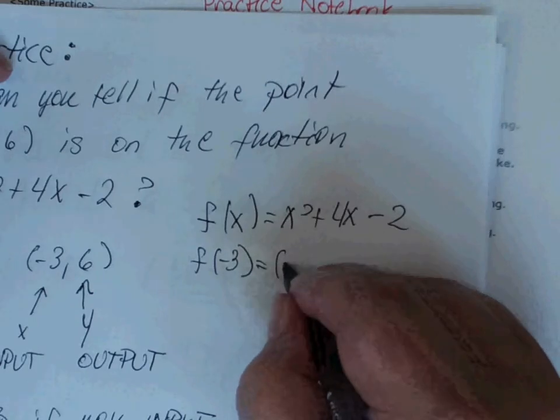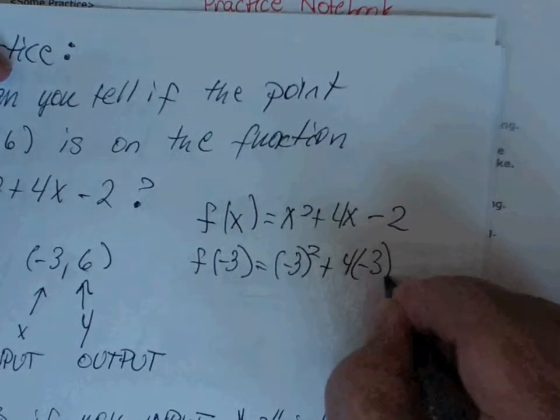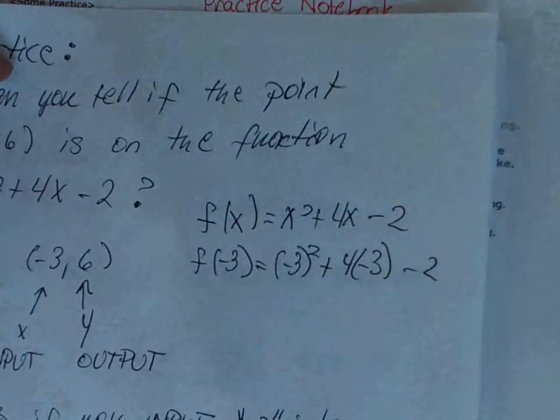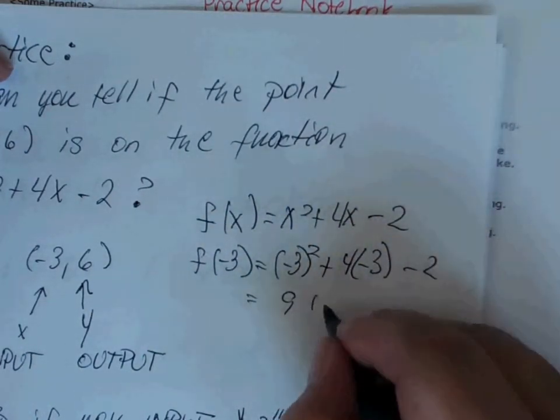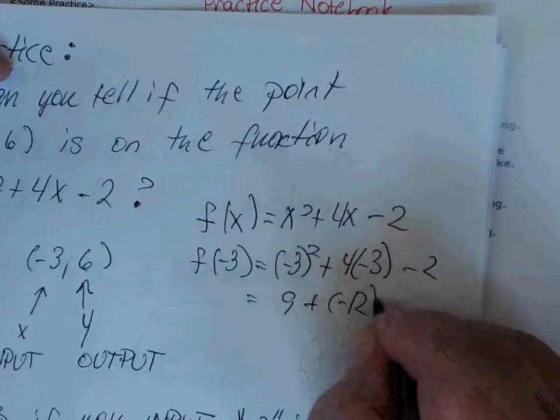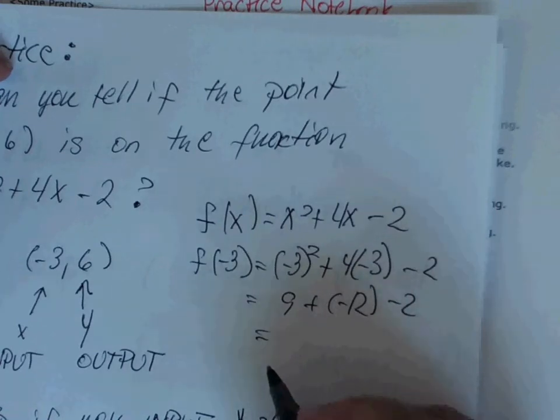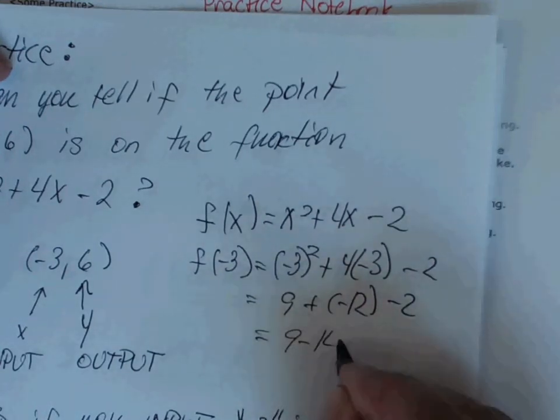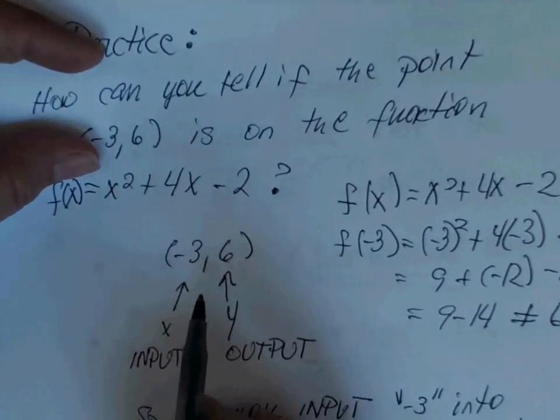If we input negative 3, we get negative 3 squared plus 4 times negative 3 minus 2, which equals 9 plus a negative 12 minus 2, which equals, what is that? Is that going to be positive 6? No. 9 minus 14, whatever that is, which is not equal to 6. So is this point on here?